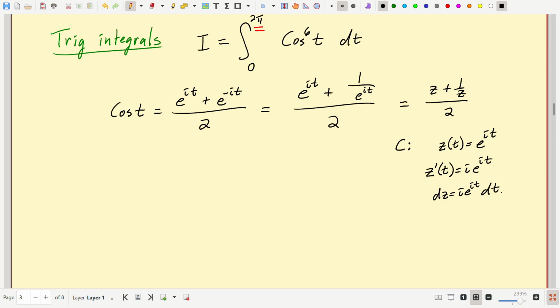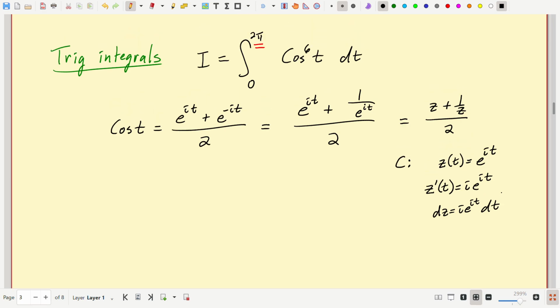Okay, so the idea is to turn that integral there into a contour integral in the complex plane. And that's not a hard thing to do. It just takes some cheating a little bit.